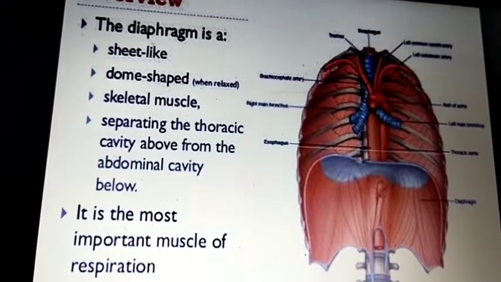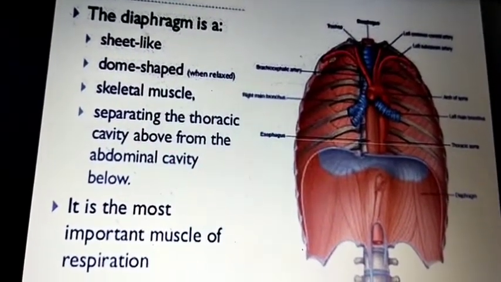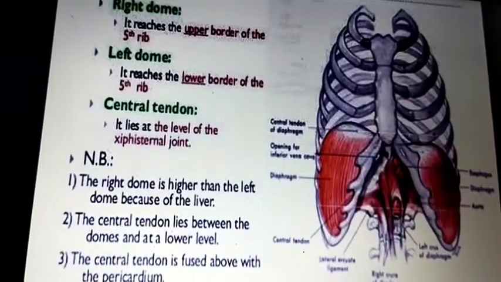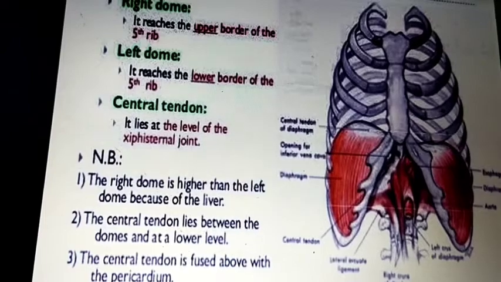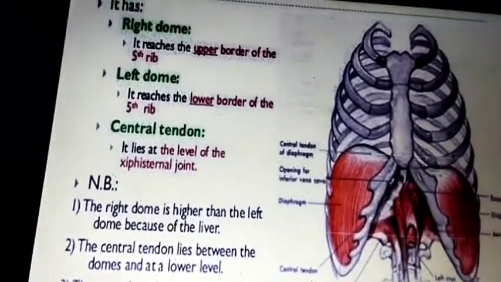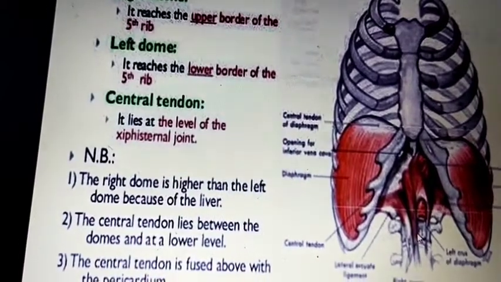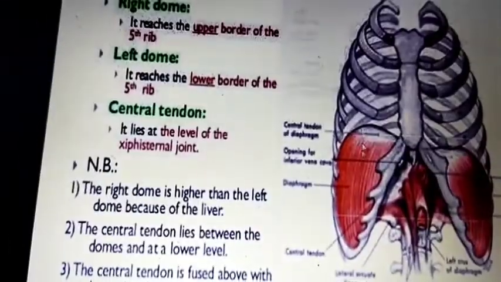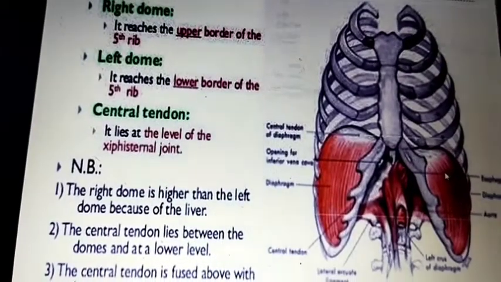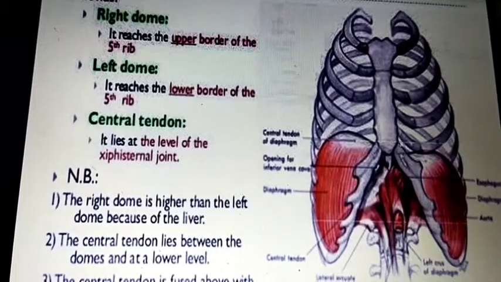Okay, that is the introduction or overview about the diaphragm. Now we can say how it is formed or how it is arranged. It has two domes, one on the right side and one on the left side. You can see one dome and a second dome, and in the center is a tendinous part.